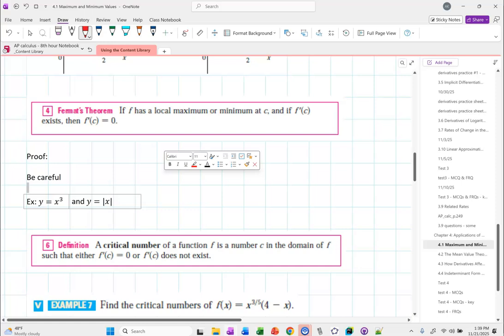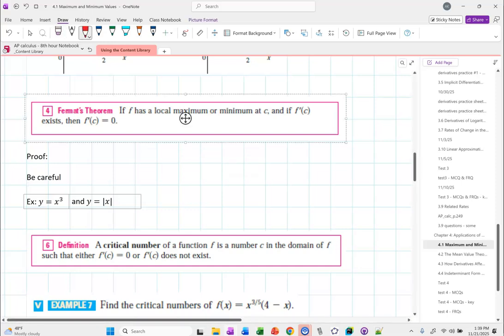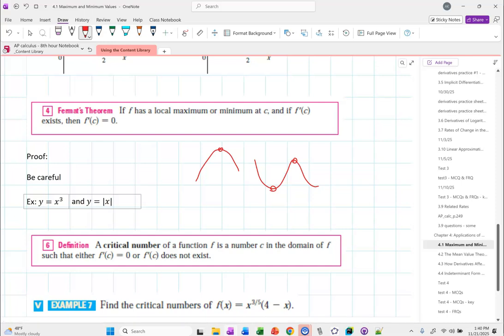And why can't I just say that, and won't my graphs just look like this? Why do I need it to exist? Why can't I just say the derivative is going to be 0? What was the question?